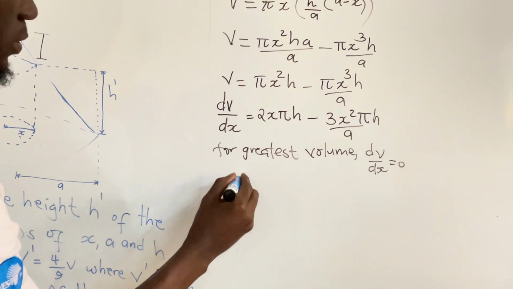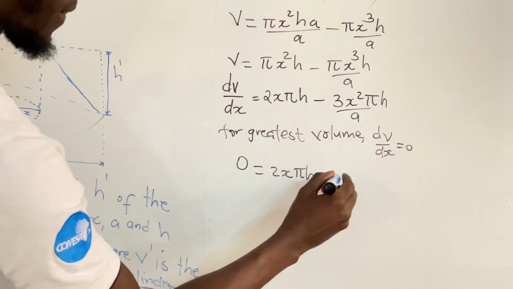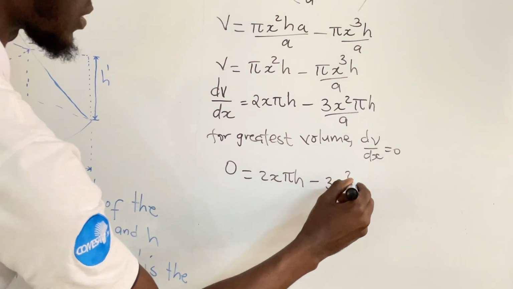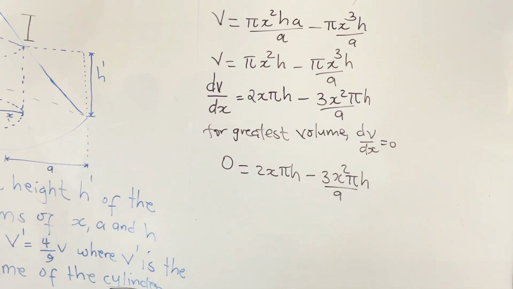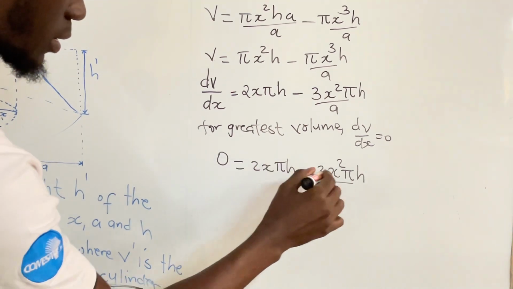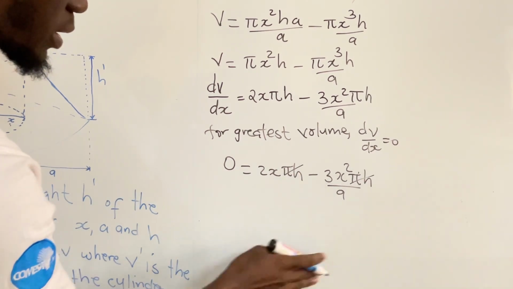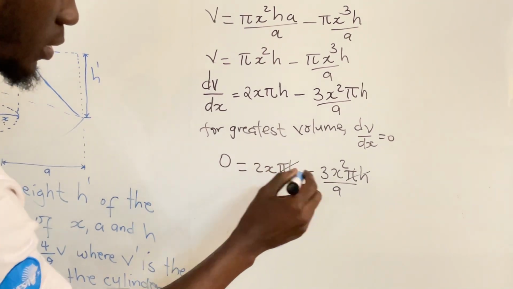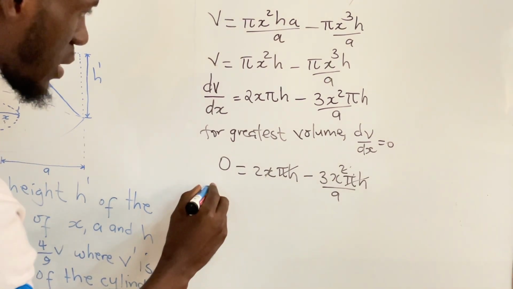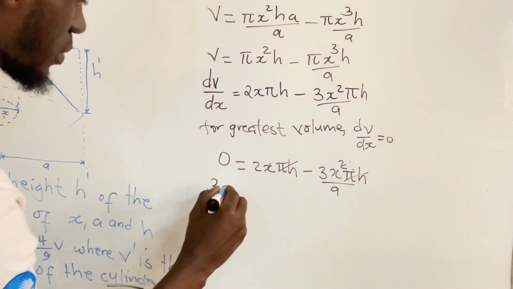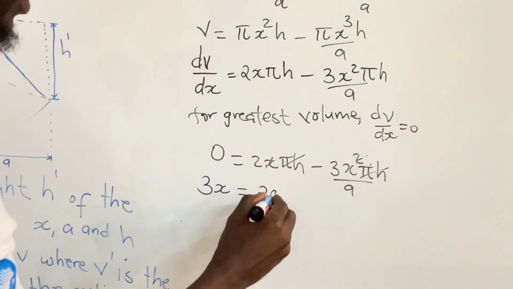So we shall substitute and say 0 is equal to 2x pi h minus 3x squared pi h over a. I can see the pi h cancels out. Then one x is going to cancel. So when I bring this side, it will have to be 3x is equal to 2a.